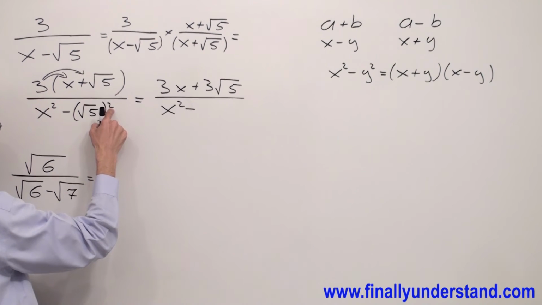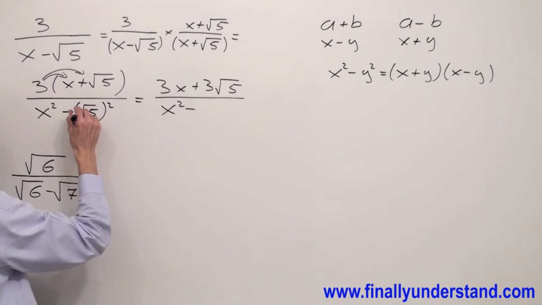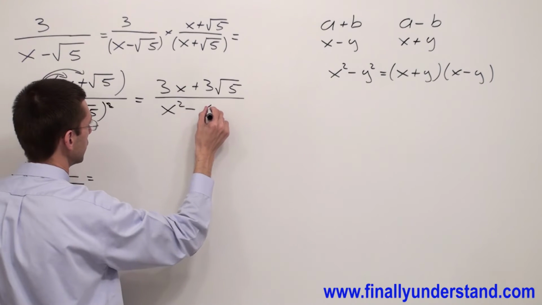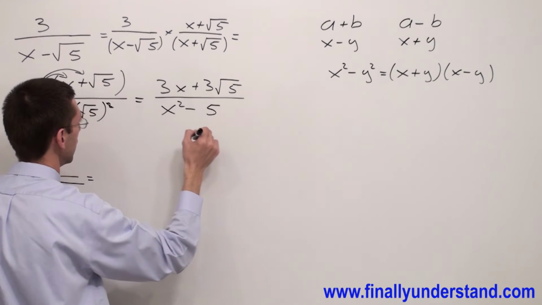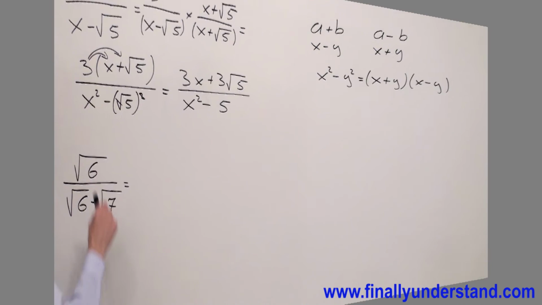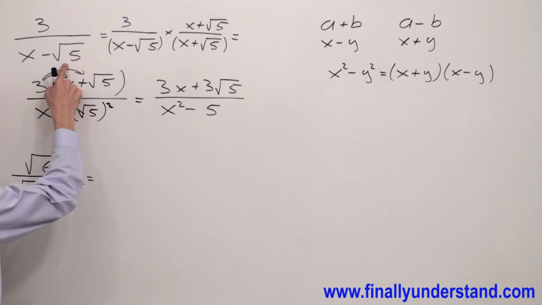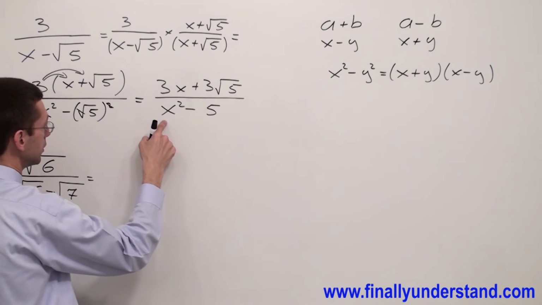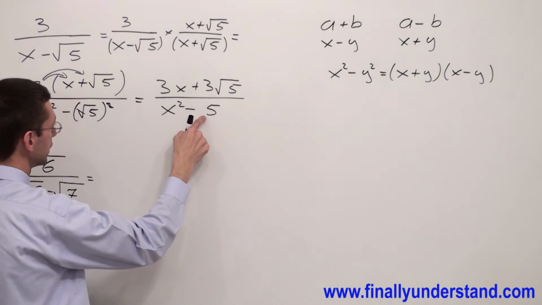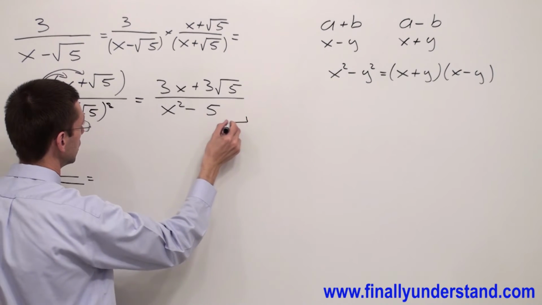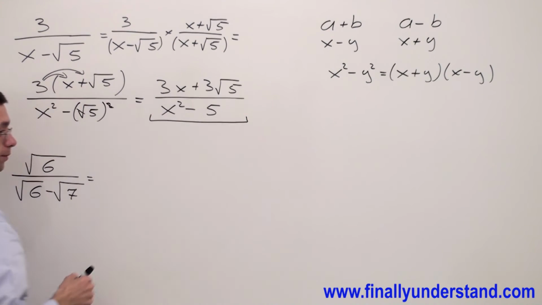This exponent is going to cancel out my radical sign, and I'm going to have 5 over here. As you can see, at the beginning we had a square root in the denominator. At the end, we do not have a radical anymore in the denominator. That's why this is the solution to my problem.